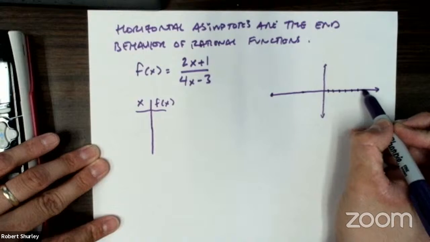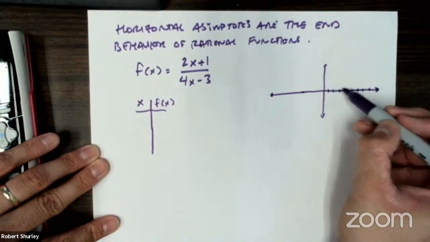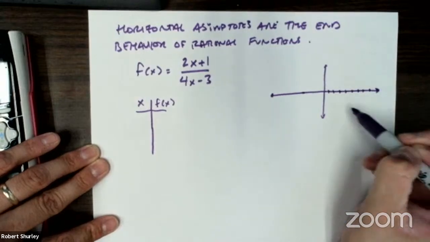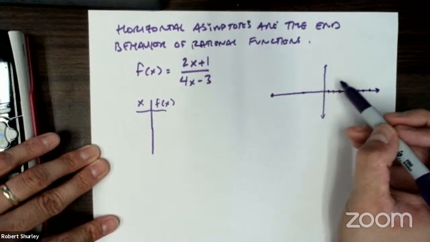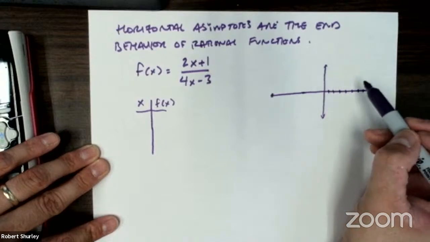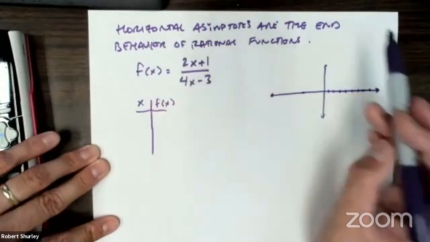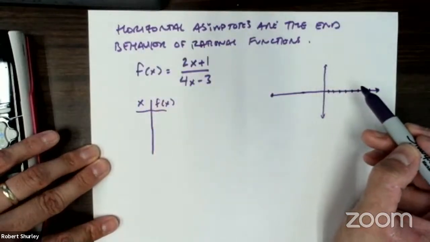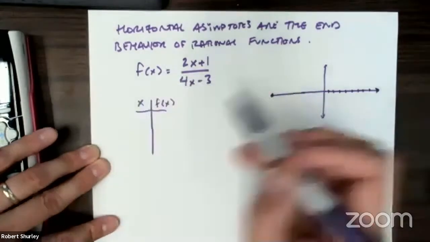Put in really big values for x, and it'll tell you where the graph's headed, if it's headed down, if it's headed up, or maybe it's leveling off, and that's what we'll see. Horizontal asymptotes occur whenever this end behavior levels off, and we'll see that with this example.